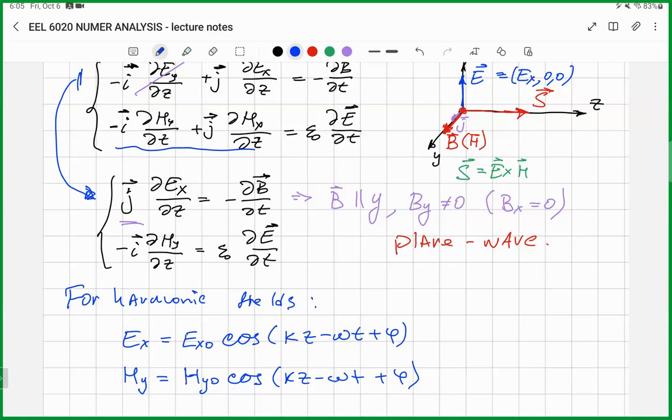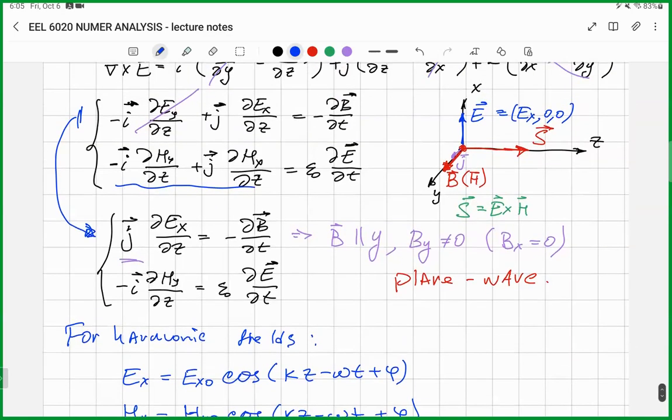Yeah, so first of all, don't confuse this J with current, okay? This is the unitary vector in the axis Y. So this is not current.